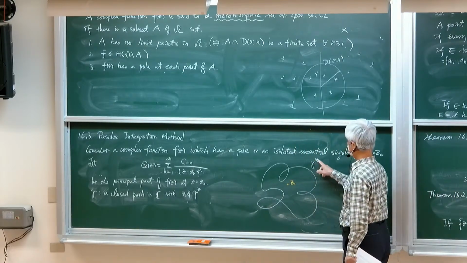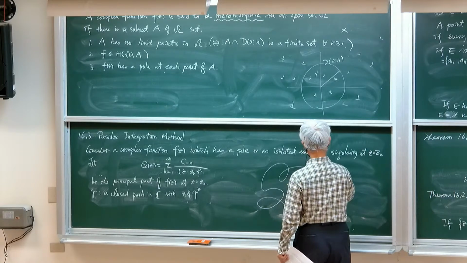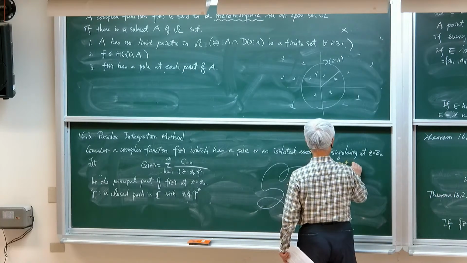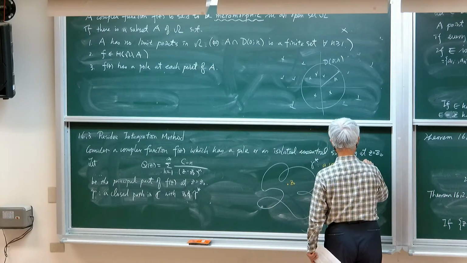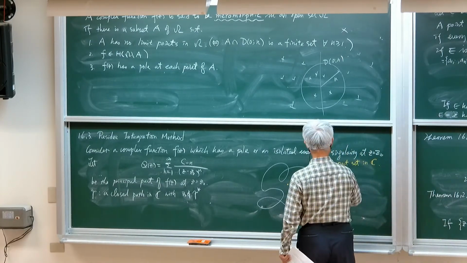So that gamma star, as we know, is a compact set in the complex plane.